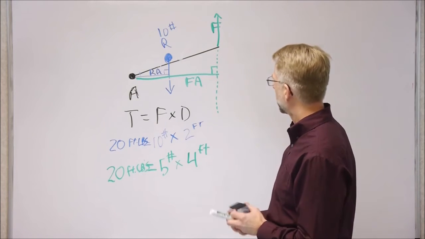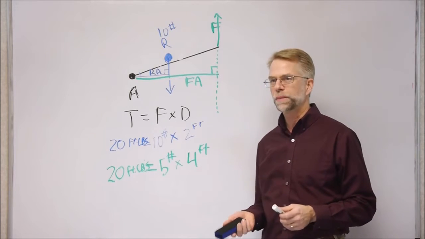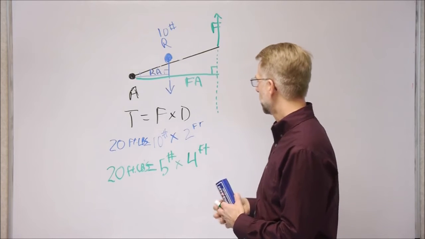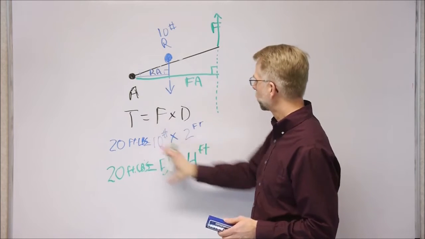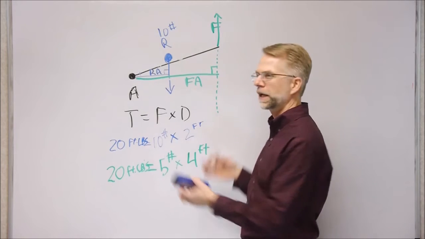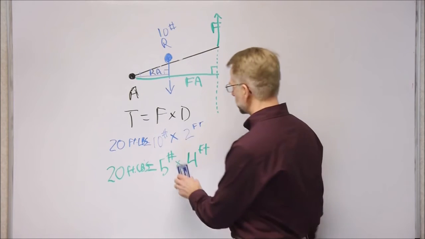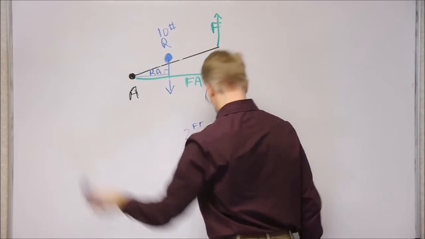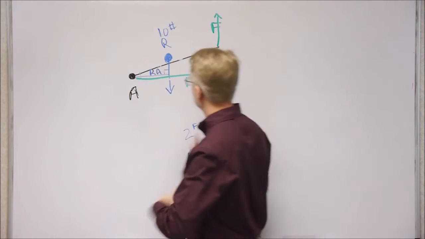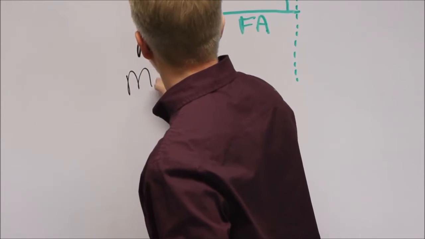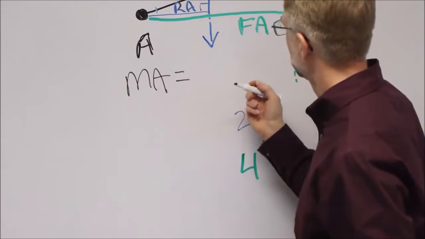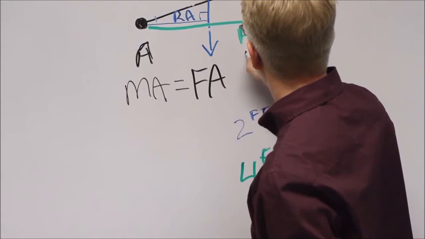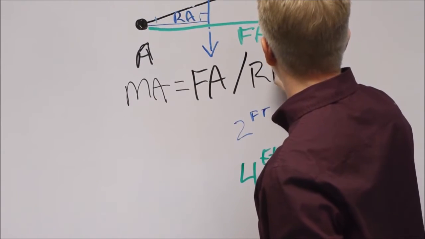One more thing before we let go of this is the whole idea of mechanical advantage. So here again we have a second class lever, and we've been playing around with the various torques and how to get them equal. Let's talk about mechanical advantage. You may remember that the formula for mechanical advantage is force arm divided by the resistance arm.